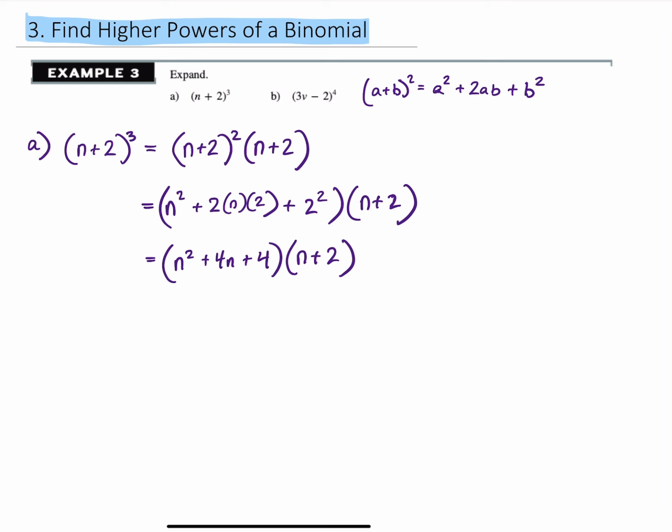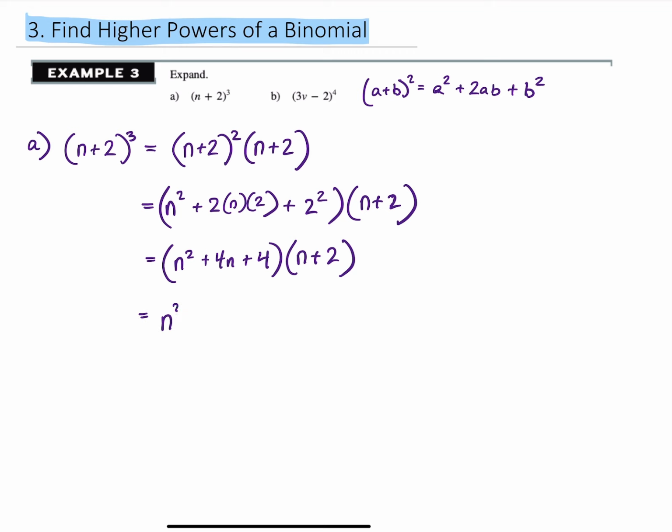So let's just multiply this as we've done before, where we'll take the first term and distribute it to both terms. Then we'll take the second term, distribute it to both terms, and then we'll do the same for the third term. So let's start with that n squared and multiply it with the two components of our second set of parentheses.